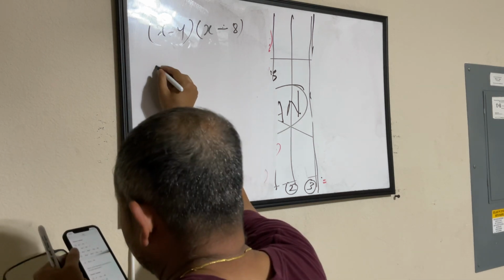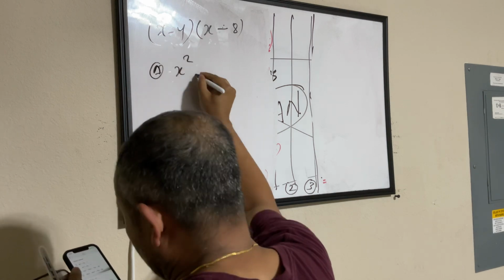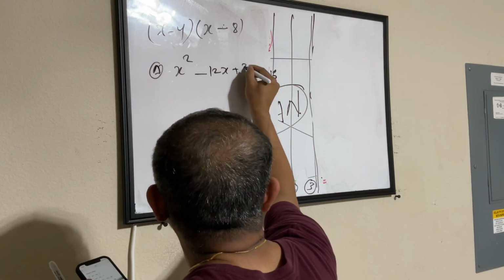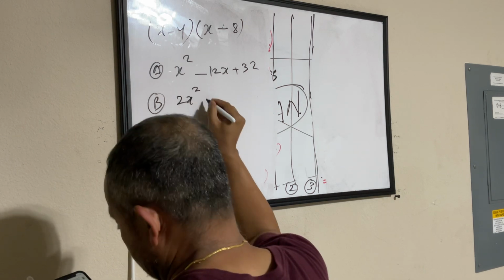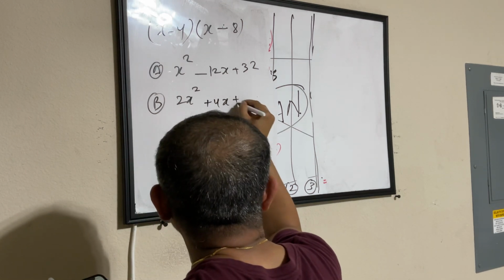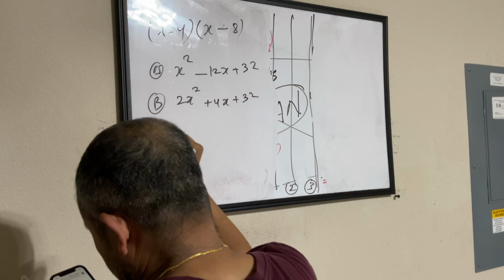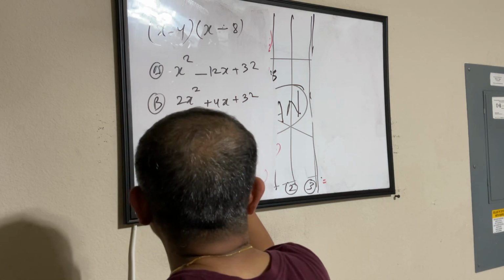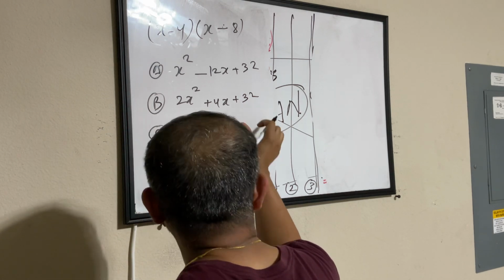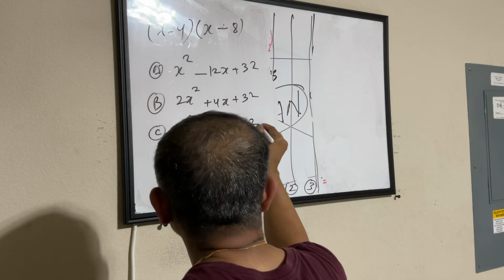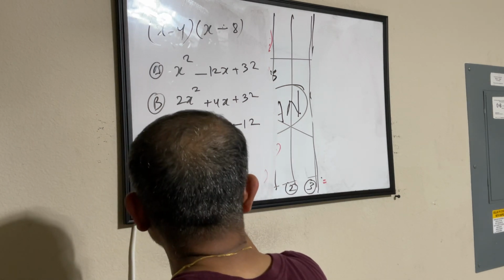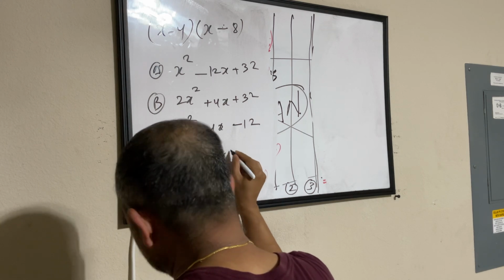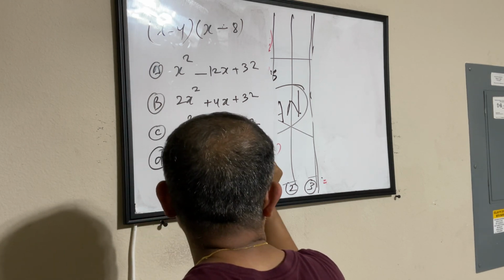The options are: A, x square minus 12x plus 32; B, 2x square plus 4x plus 32; C, x square plus 4x minus 12; D, 2x square minus 12x plus 32.